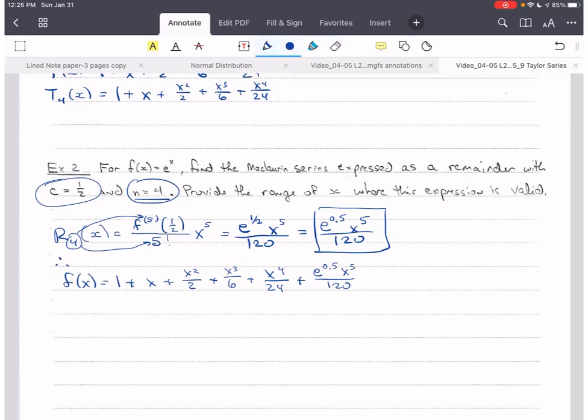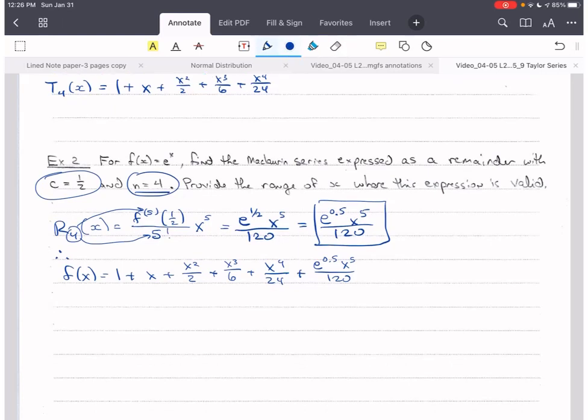Okay, and now we need to provide the range of x where this expression is valid. So x is greater than 1/2, and this is because we had c between a and x, and so we have a between c, which is 1/2, and x.